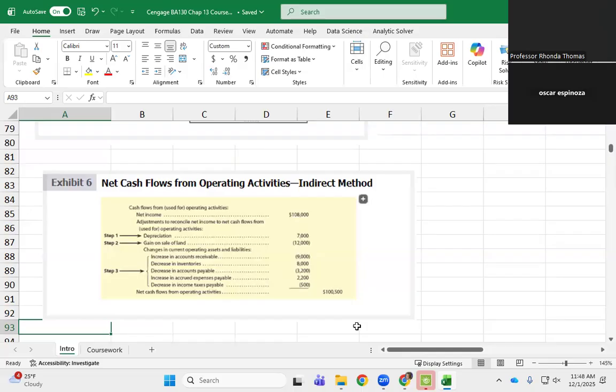So notice what happened. They have an increase in accounts receivable. Let me move this over. All right. One more time. If an asset goes up, we're going to subtract the asset change, the amount it changed. If an asset goes down, we're going to add the asset change.